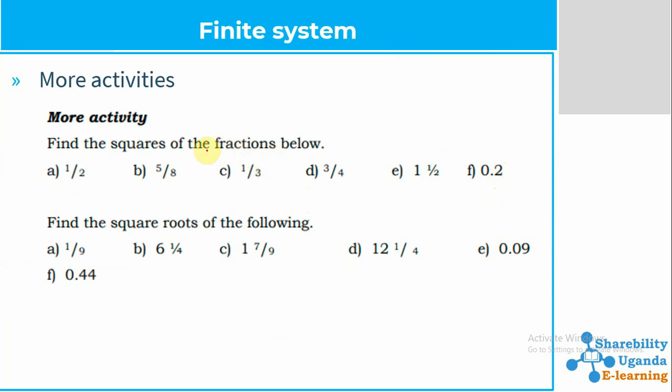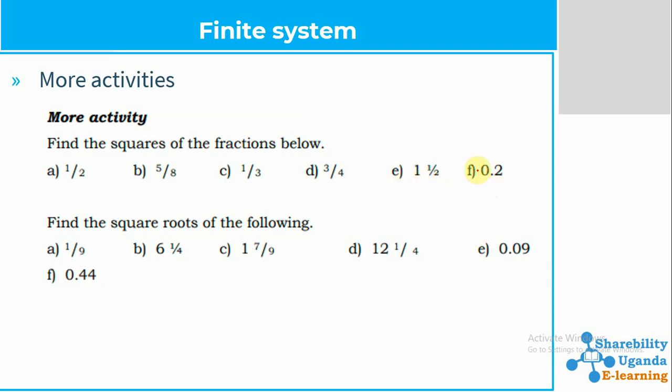As you can see here, they are telling us to find the squares of fractions. On the other side, we were only dealing with numbers, but here they have put them into fractions, and they want us to find the squares of the fractions. You can see this is a fraction, 1 out of 2, 5 out of 8, 1 out of 3, 3 out of 4, then one whole number, 1 out of 2.